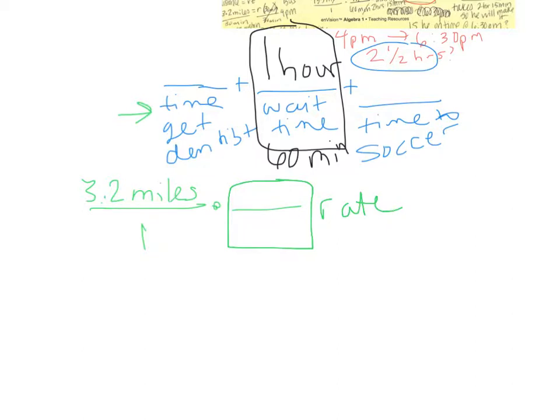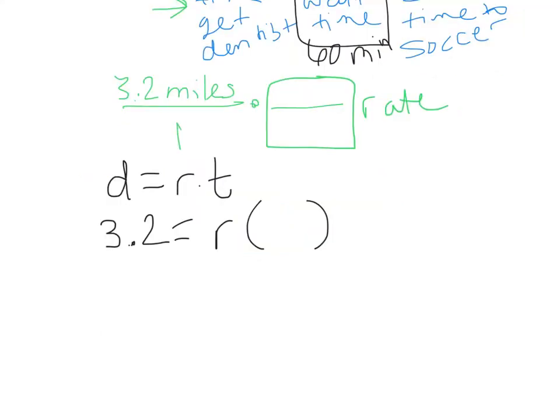So how we figure out what this rate is going to be, what we multiply by, we have to do a little calculation. If we know that distance equals rate times time, and we know that the distance traveled was 3.2 miles, we don't know the rate, but we know that the time it took to get to the dentist's office was 30 minutes, right?